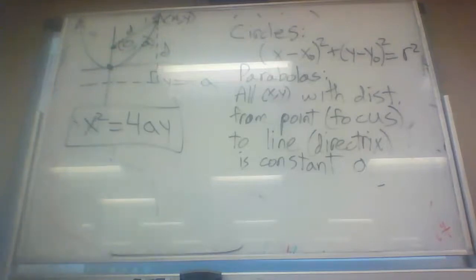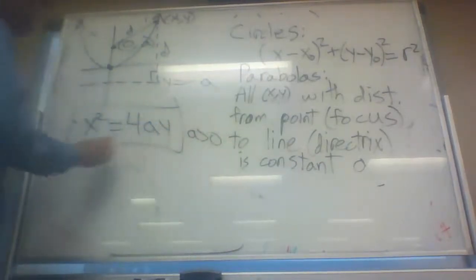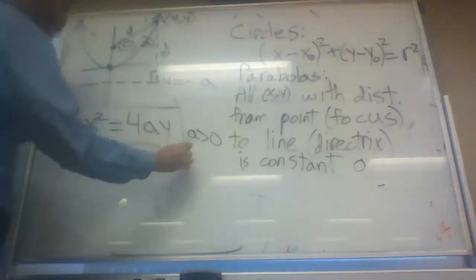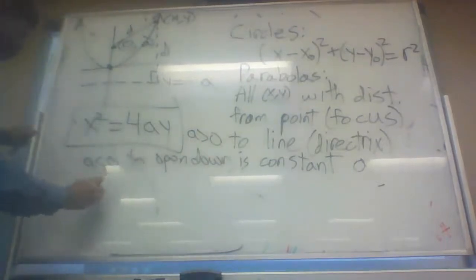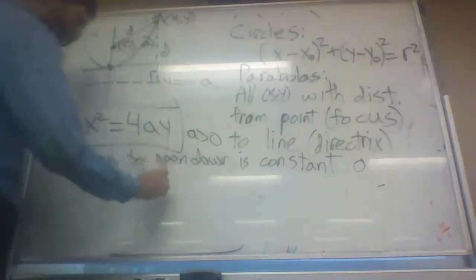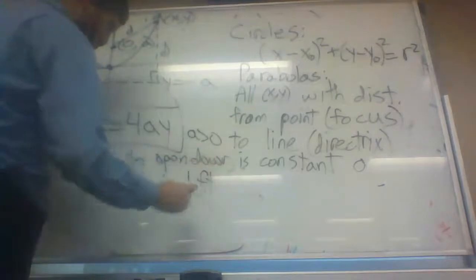I think I'm out of time, so I'm going to have to do a parabola next time. But I think you can do all the homework anyway. It's mostly difficult with the parabolas and the ellipses and hyperbolas. Now you can see this is for a parabola opening up. What if it opens down? All you've got to do is put a less than 0 to open down.